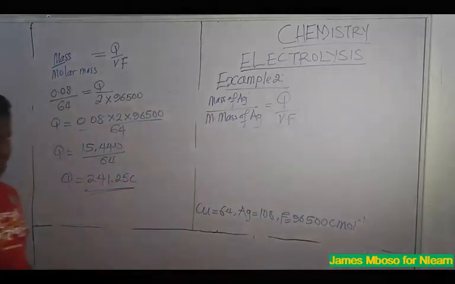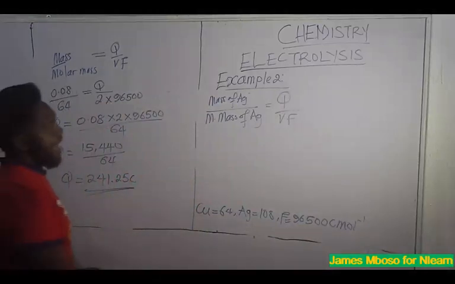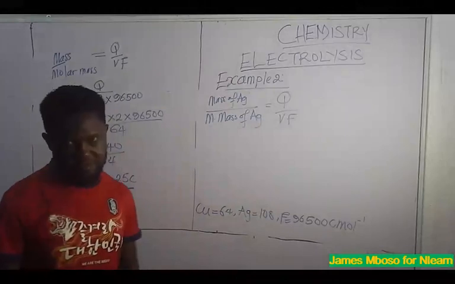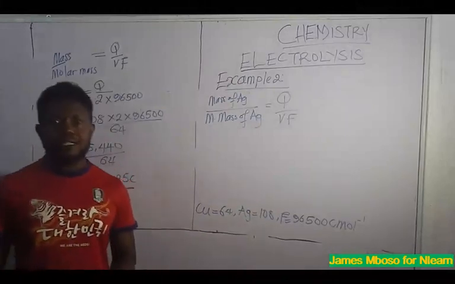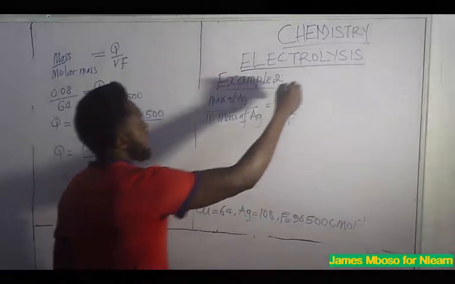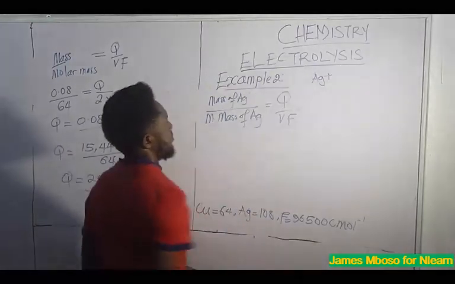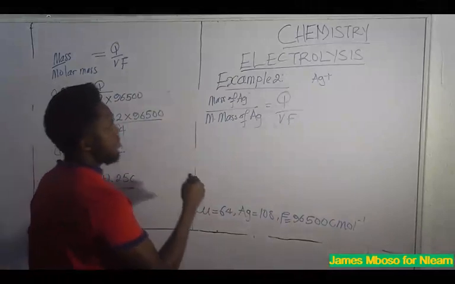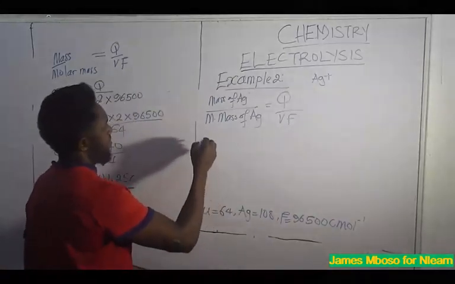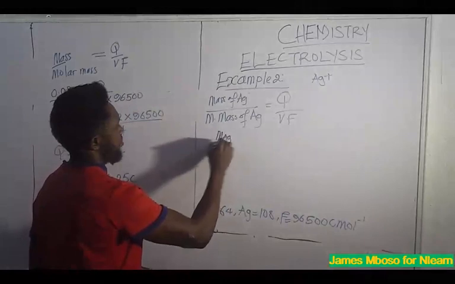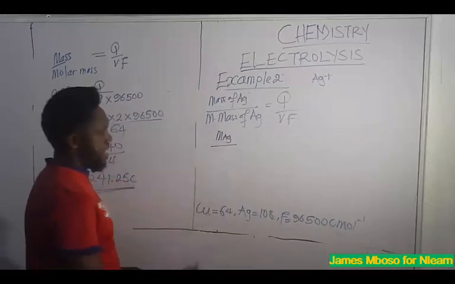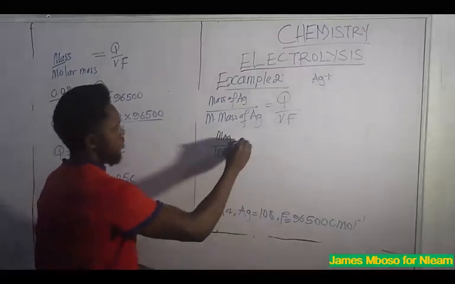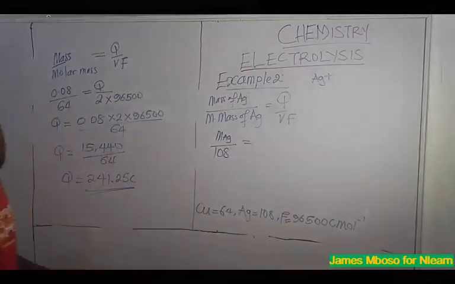Don't forget that our V now is the valency of silver, and you know that silver is always Ag plus. So the valency of silver at this junction is +1. So you come here, say mass of silver we don't know. Molar mass of silver in the question is 108. We already know what our Q is.